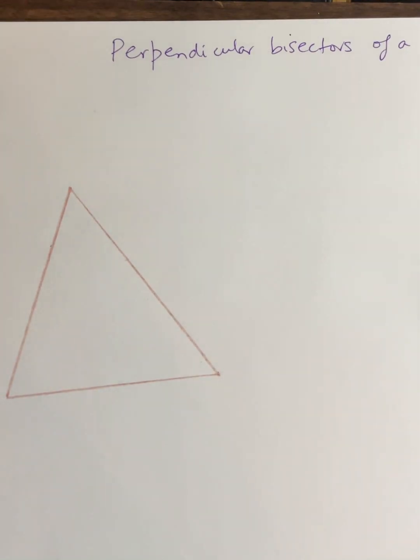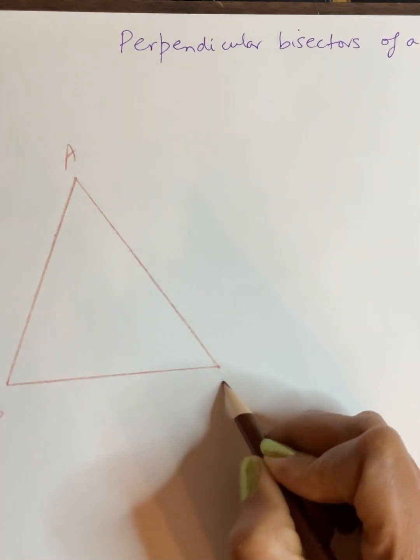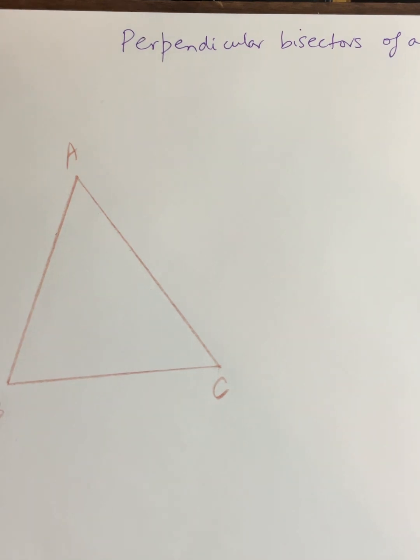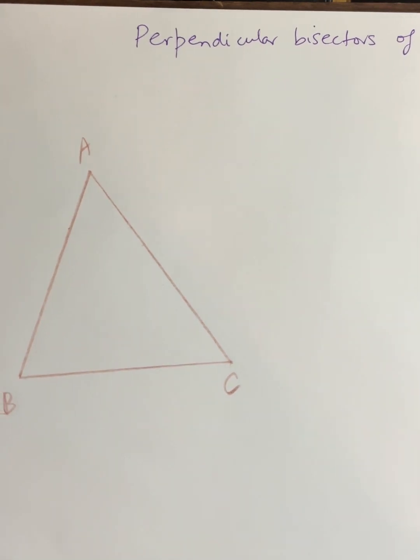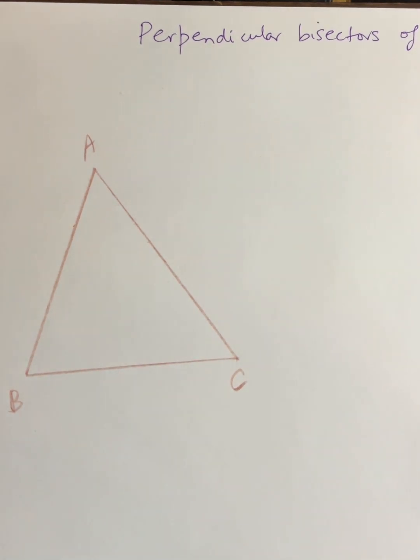And with my acute triangle, I'm going to label it A, B, C. It doesn't always have to be A, B, C, but we are so used to saying A, B, C. It could have been X, W, Z or W, X, Y.